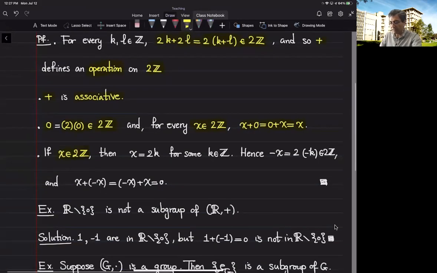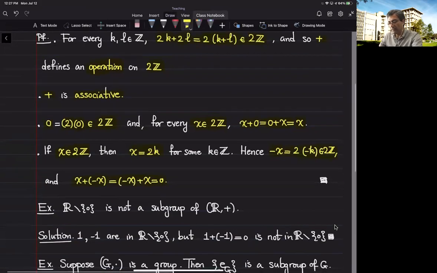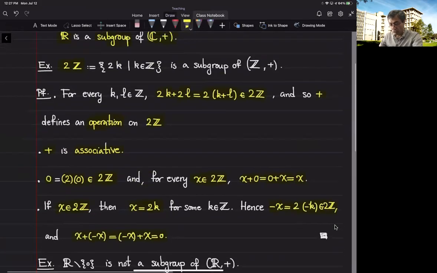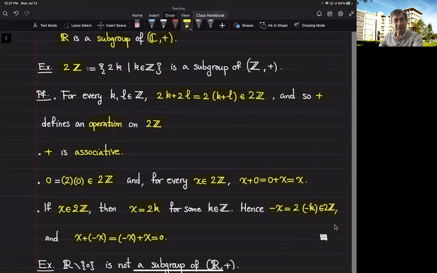Every even number that I give you, its additive inverse, is still an even number, and when I add them, by definition, I get the neutral element 0. And so I have all the properties of being a group. Therefore, 2Z is a subgroup of Z under addition.